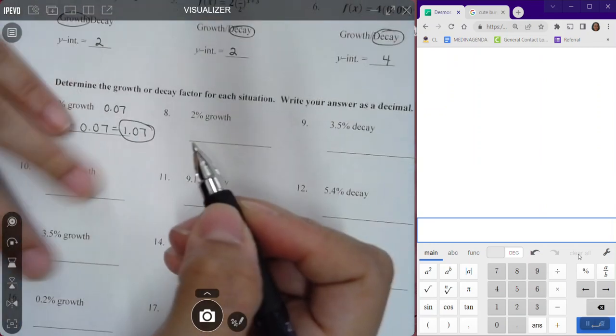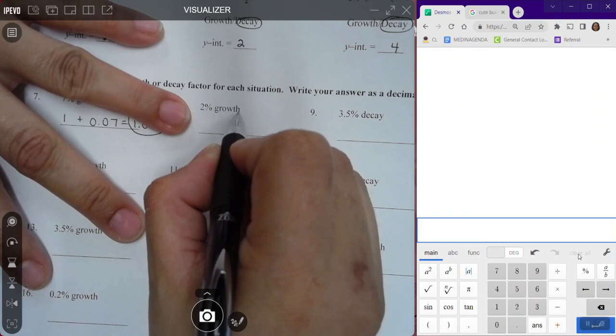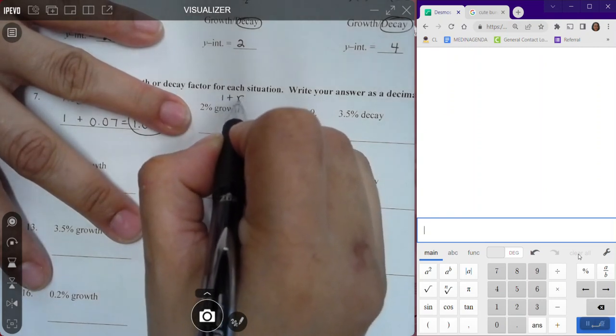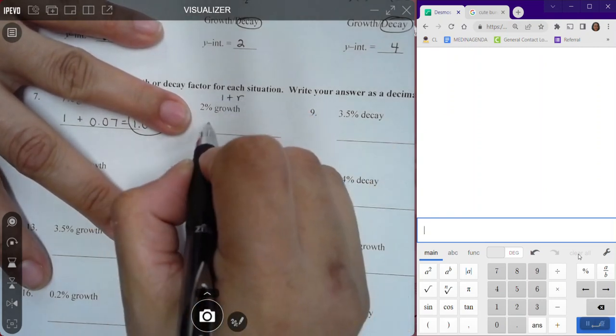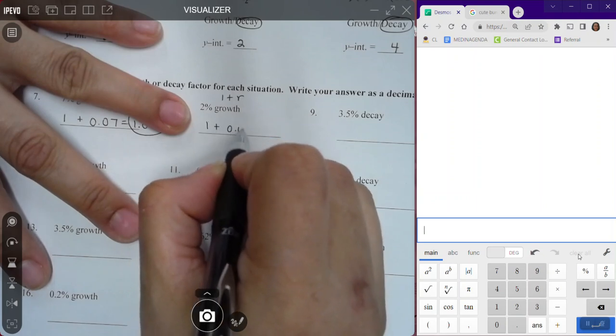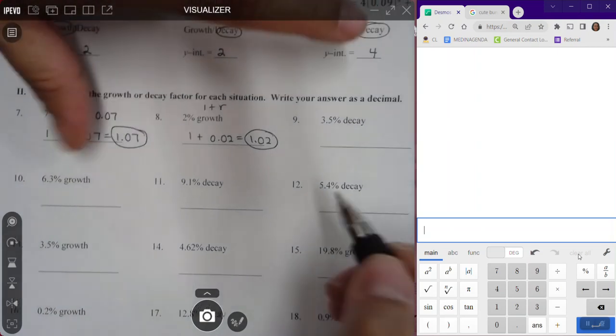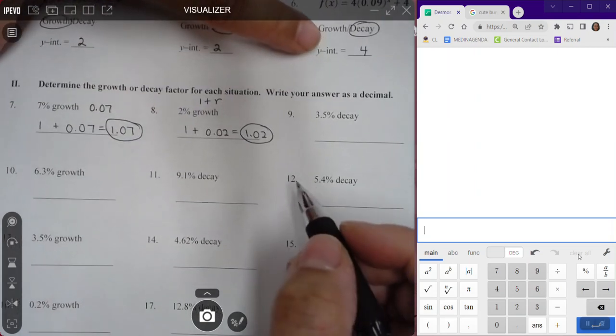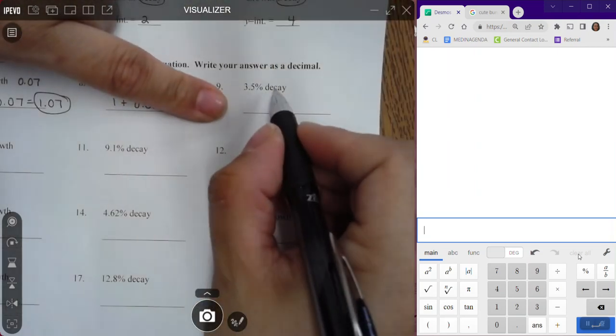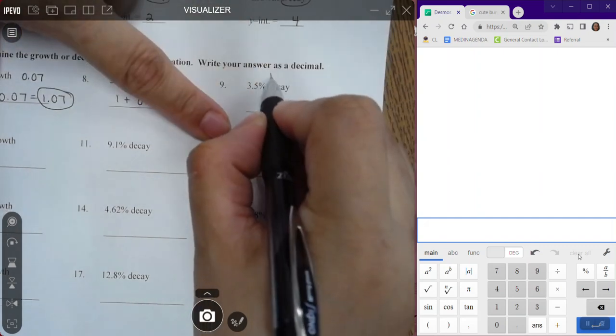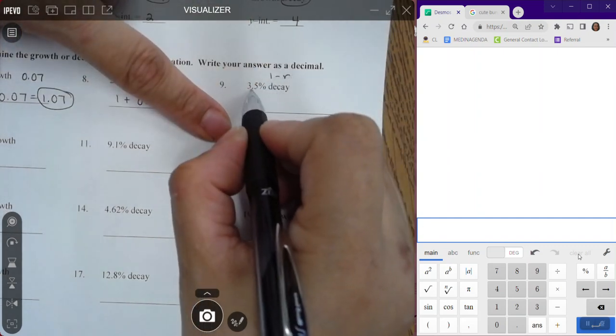That's the factor. Again, growth is going to be 1 plus r, but r has to be a decimal. So it's going to be 1 plus 0.02. Decay. So decay is going to be 1 minus r. Remember, r has to be a decimal.